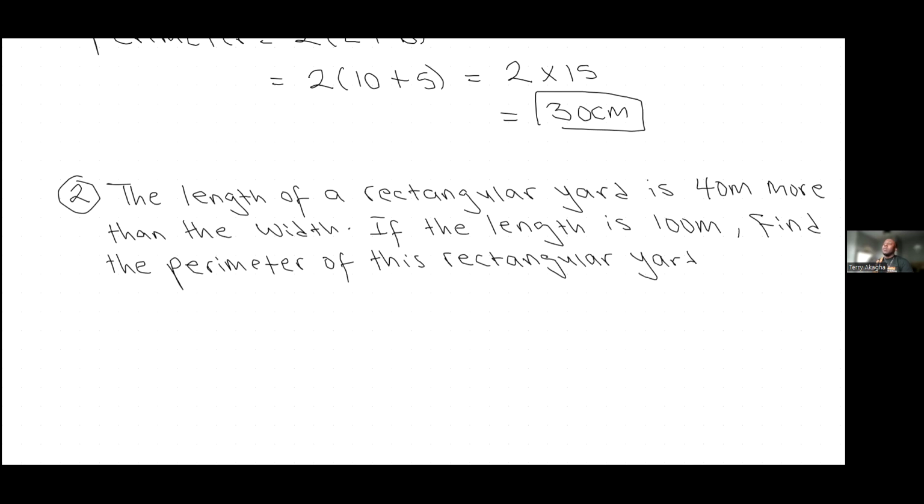The length of a rectangular yard is 40 meter more than the width. Now, if the length is 100 meter, find the perimeter of the rectangular yard.